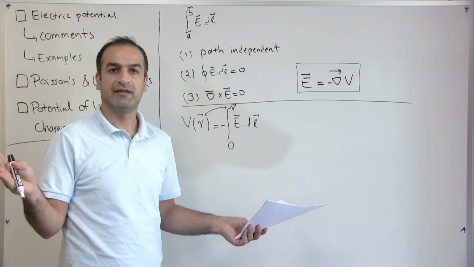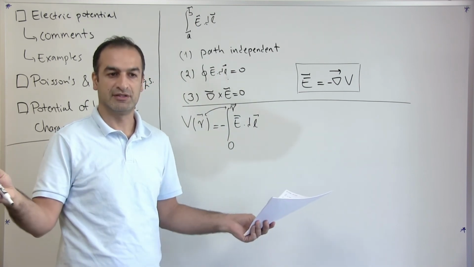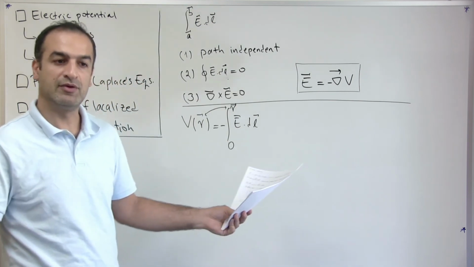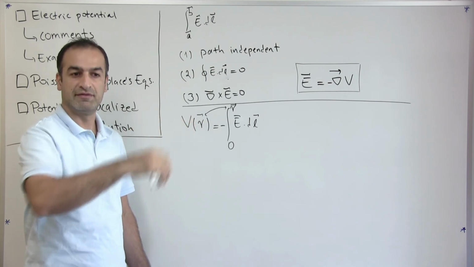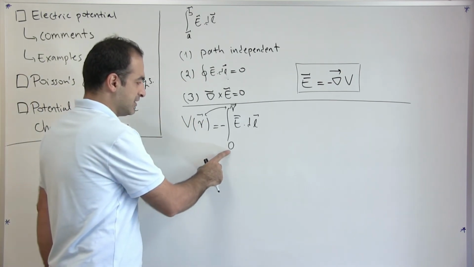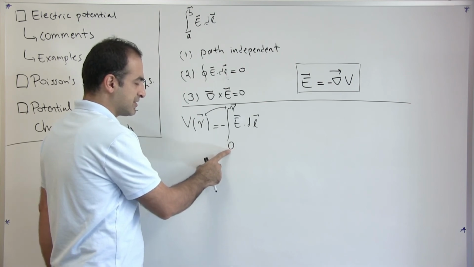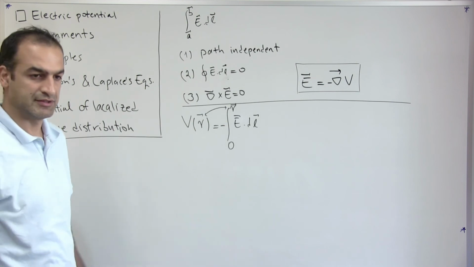An example we did was an infinite plane with uniform charge distribution. Because the plane goes all the way to infinity, you cannot assume that the electric potential at infinity is 0. But that's an exception. Usually, zero potential at infinity works well with most charge distributions.